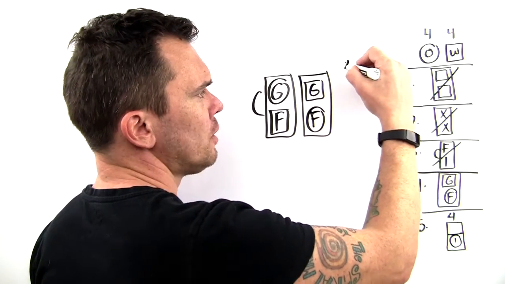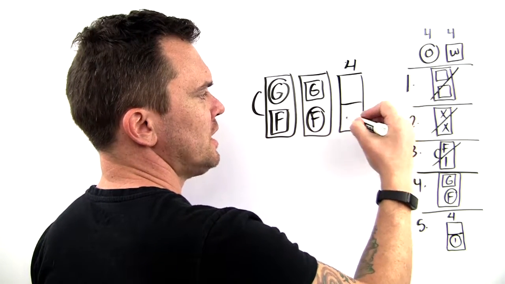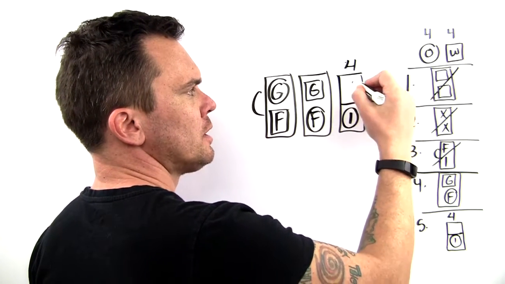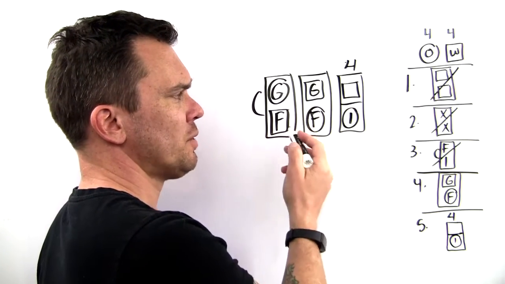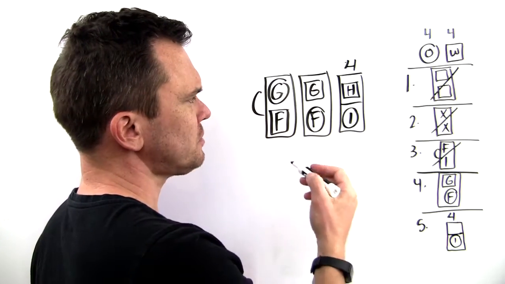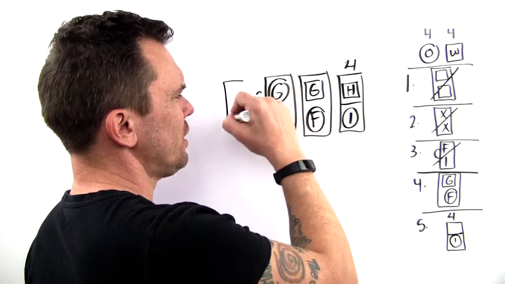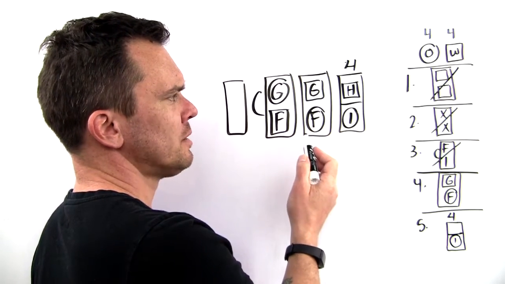Wall 4 is in this order some watercolor that is not G or F or I. It's H.